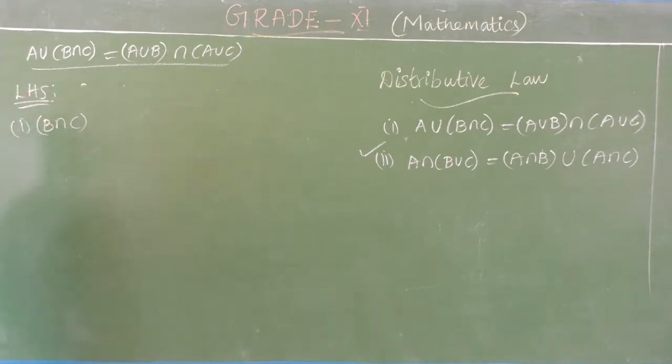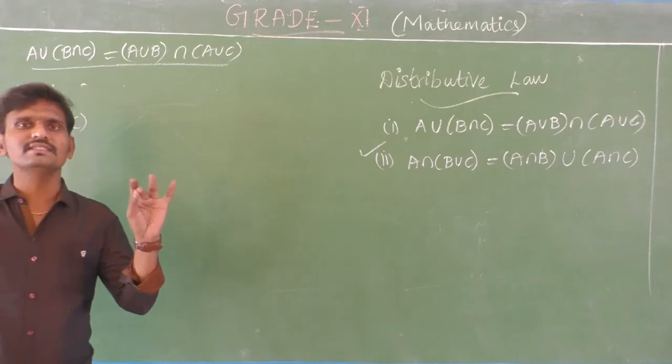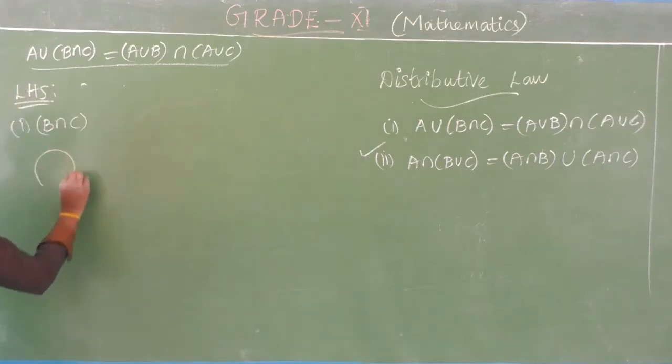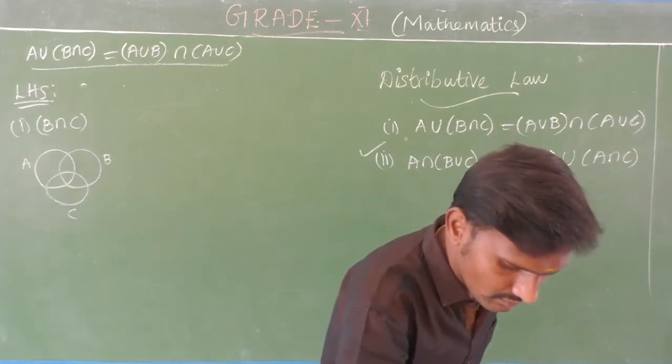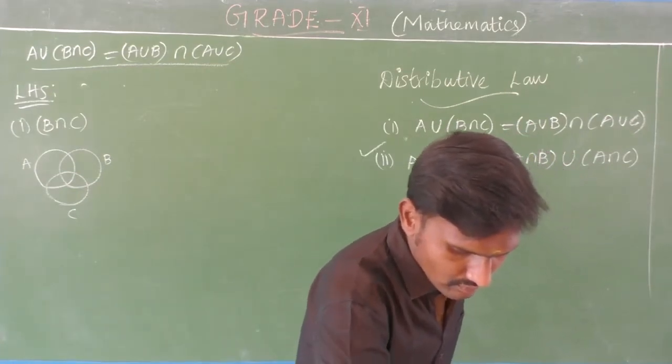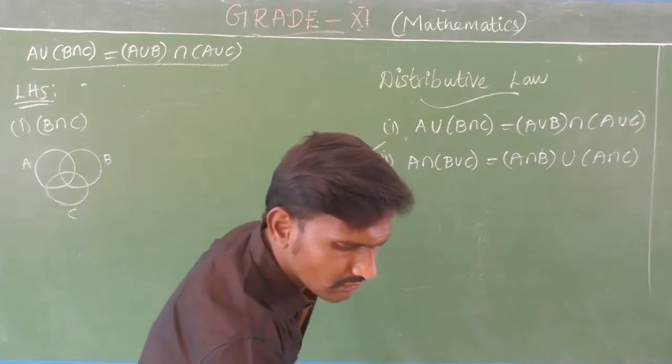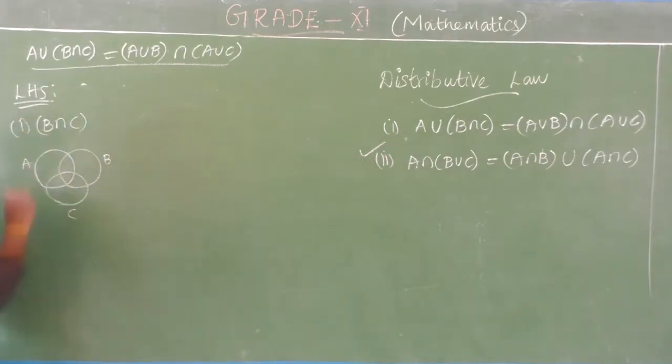So first B intersection C. Here there are 3 sets, A, B, C. Given the names for A, B, C. Students, B intersection C. What is B intersection C?